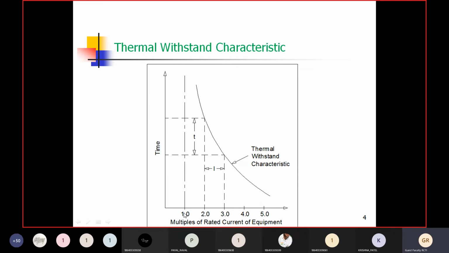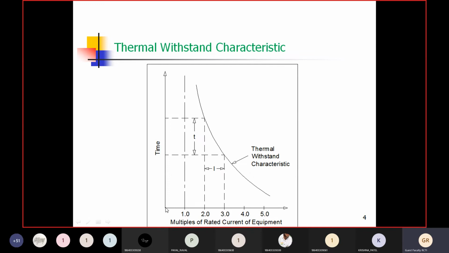Multiples of rated current means whatever rated current is there, its multiple is given here. 1 means rated current multiplied by 1, which is the rated current. 2 means double the current. 3 means 3 times the current, then 4 times the current, 5 times the current, and so on.